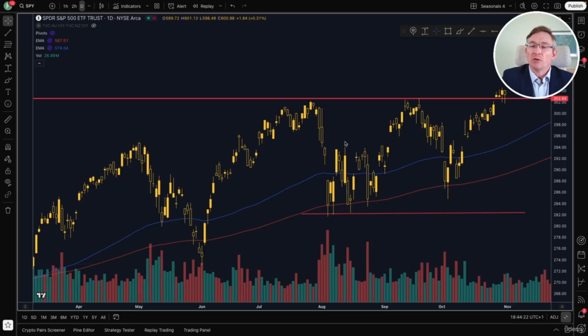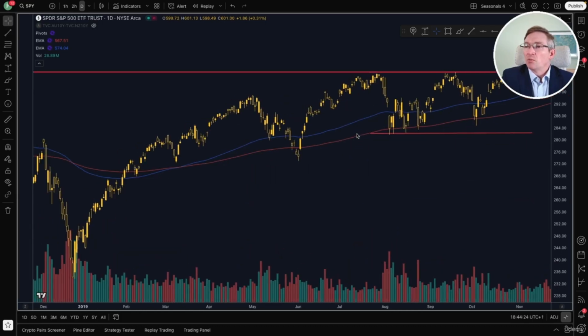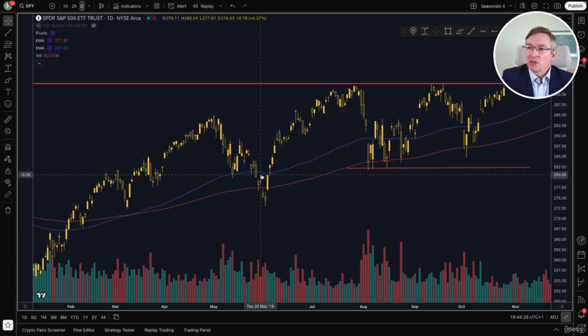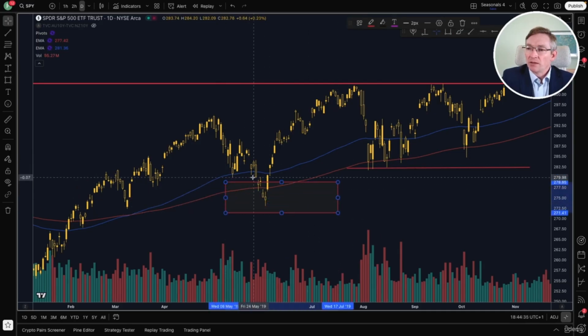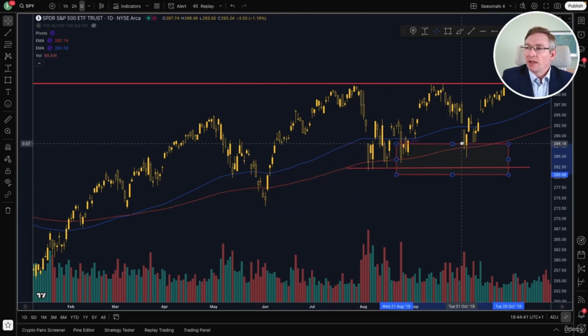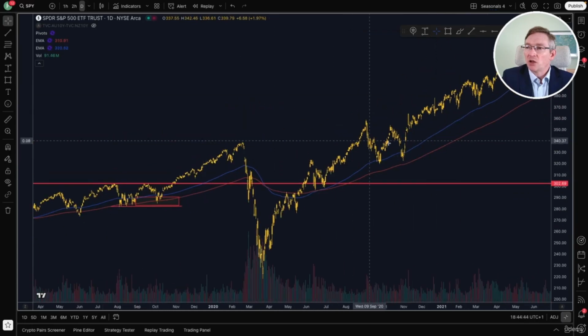You can also have support and resistance as moving averages. So you can see here, this is the 200 moving average. Notice how the 200 moving average provides support here on the 31st of May 2019, here and here. And these are not just cherry-picked examples.